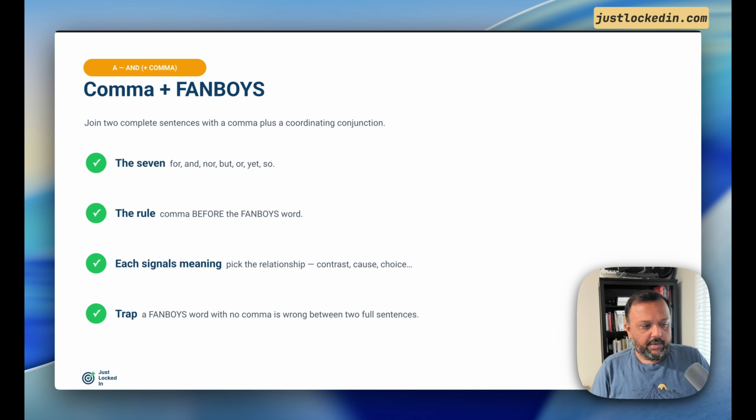Each of these conjunctions is used for a specific purpose, and we're going to talk about it. Again, don't use a FANBOYS conjunction without a comma before it. It's always the first independent clause, followed by a comma, followed by the FANBOYS conjunction.